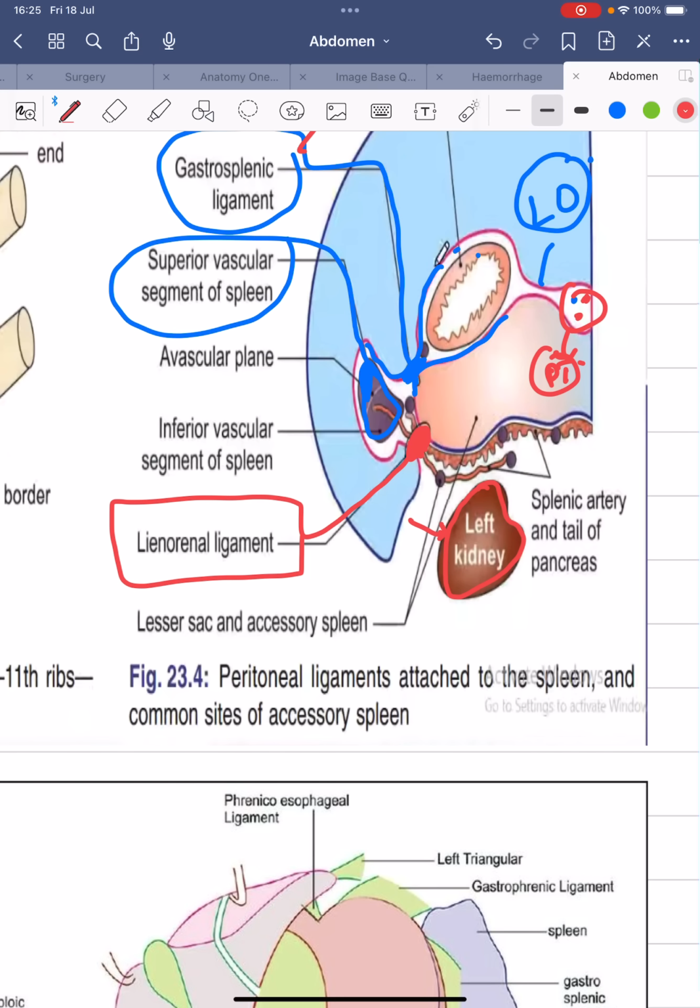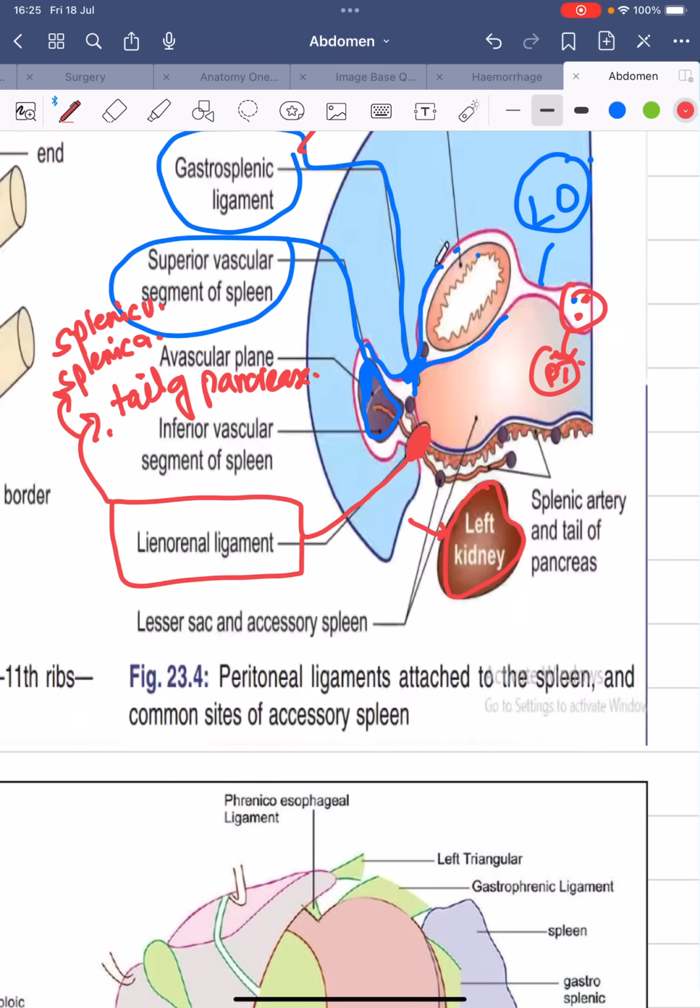It contains the tail of the pancreas. It also contains the splenic artery and splenic vein, and some associated lymph nodes, lymphatics or sympathetic nerves are also there.